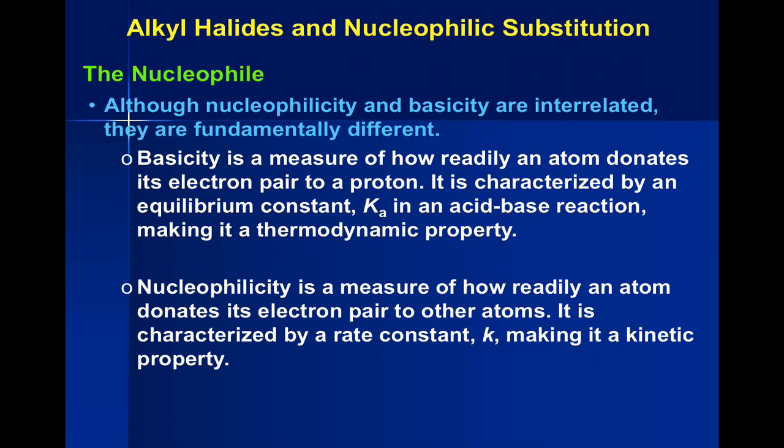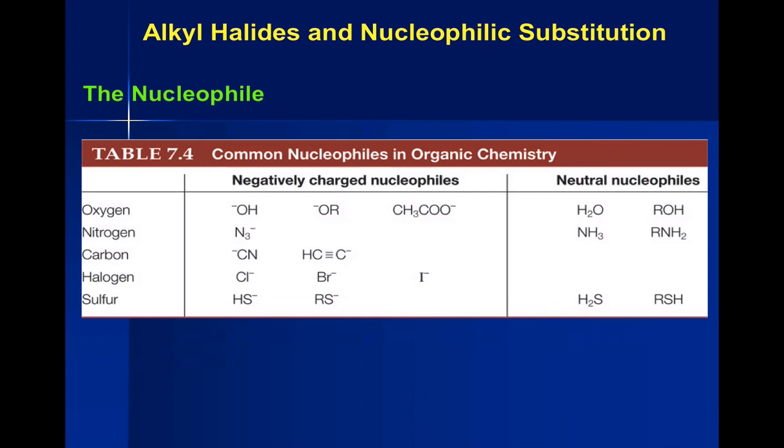What is the rate determining step in a reaction? It is the slowest step, and it's the slowest step because it has the highest energy barrier, right? The tallest mountain that you have to climb is going to determine how fast you get over onto the other side. So all those things are going to come into play as we talk about nucleophilicity.